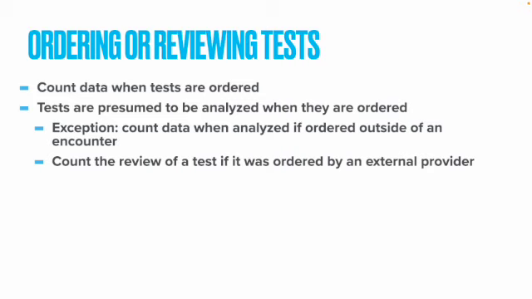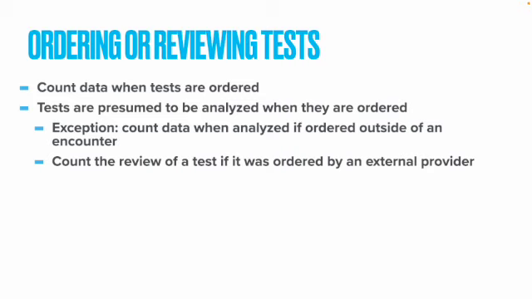But normally, like if Mrs. Smith came in for her visit and he ordered a CBC, he would get credit for that CBC when he ordered it, even though it may come back for him to analyze a few days later. They're expecting you to give him credit when he orders it.